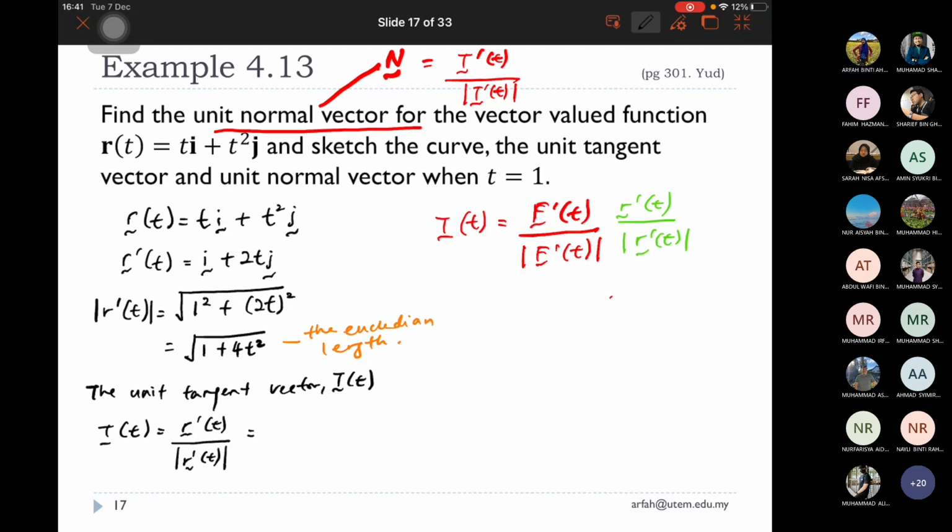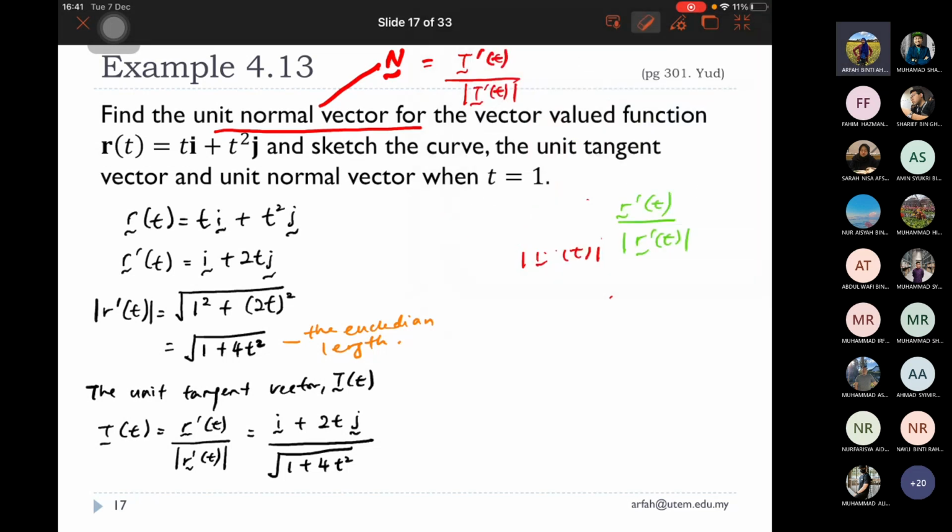So r prime t sama dengan i tambah 2tj over square root 1 tambah 4t squared. Okay. So itu adalah dia punya unit tangent vector.